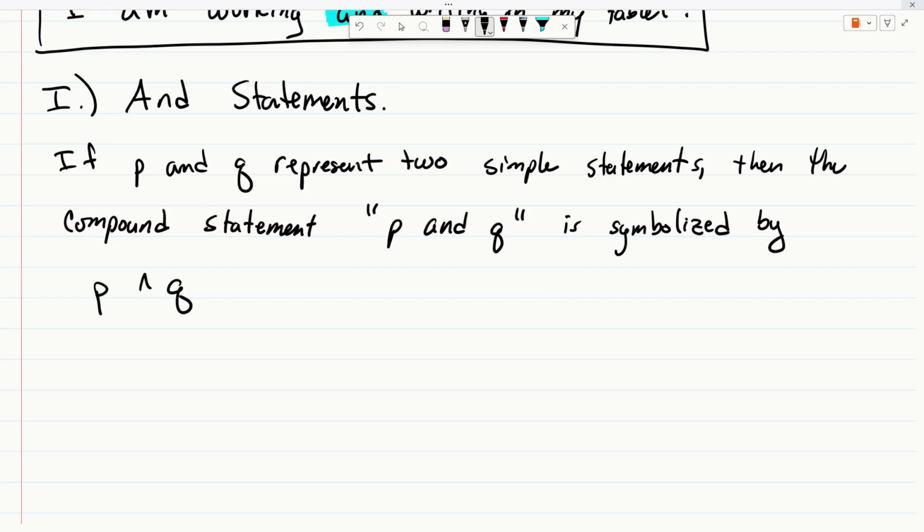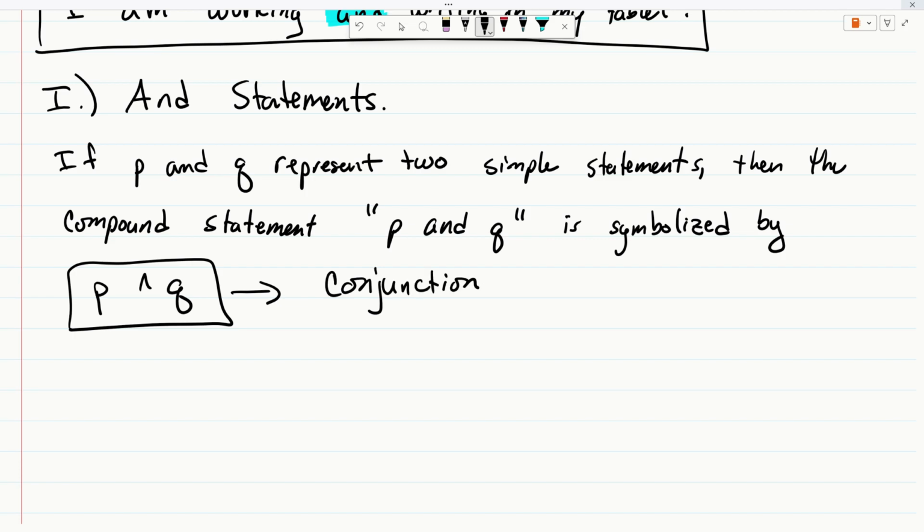All right. This is called a conjunction. And the symbol in the middle means the word and. So when I read that compound statement, the conjunction, it's P and Q. All right. So that means and right there.